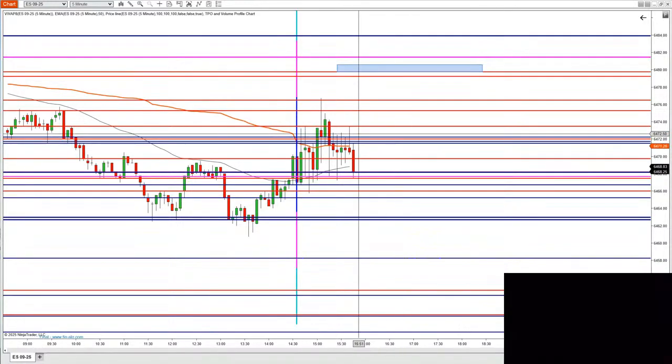Probably I will add one long here to my existing position if the price comes here, so that I can target this level with two contracts.